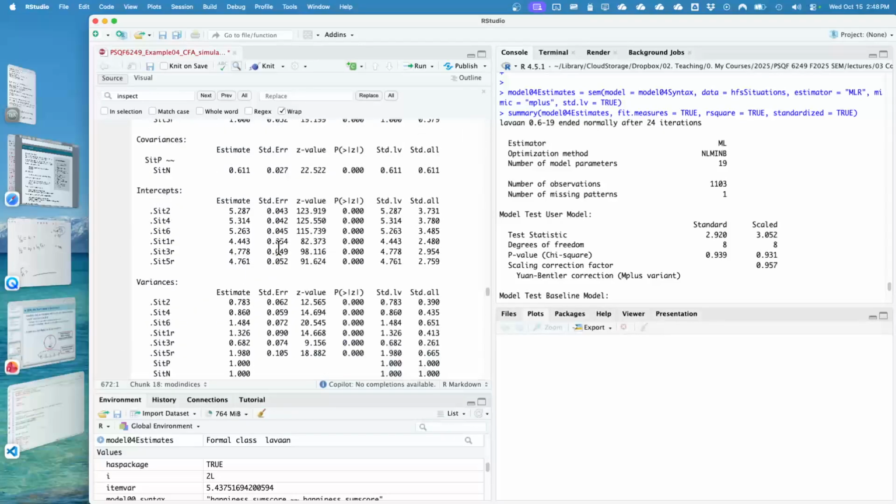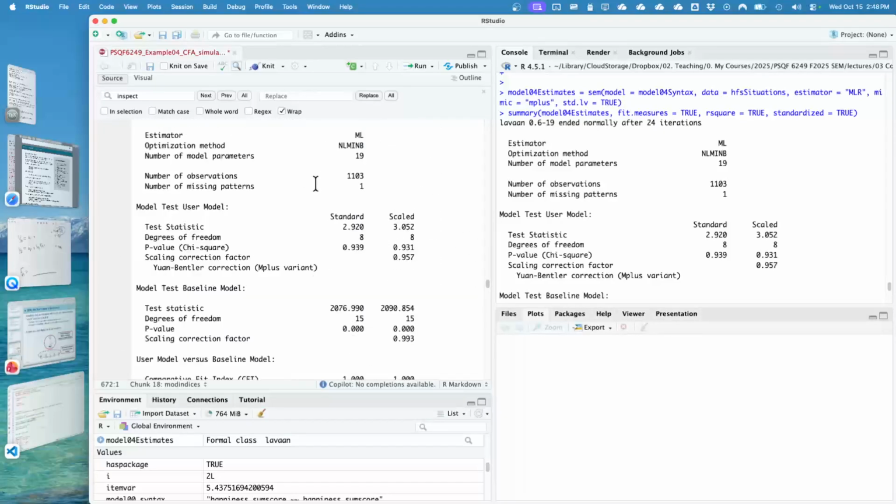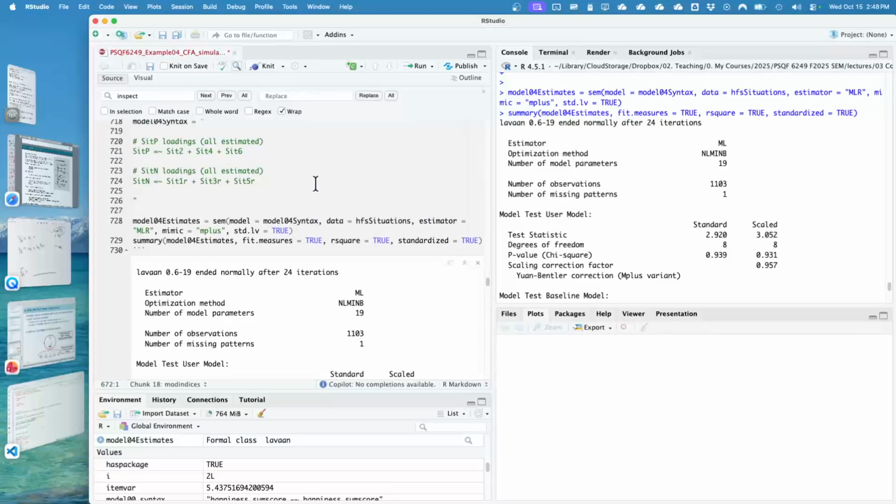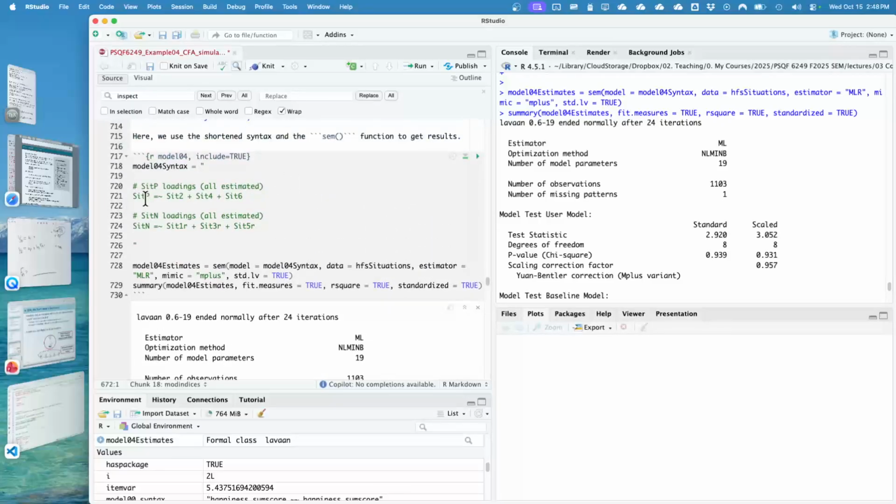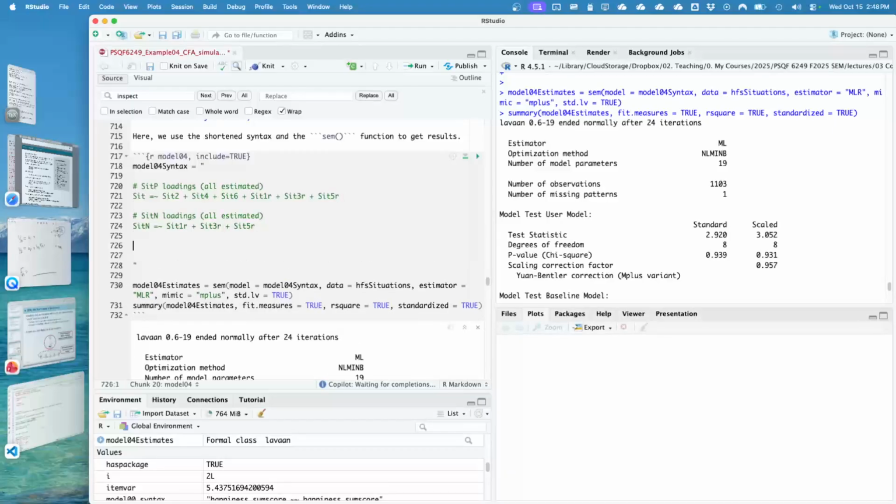Well, I think another approach that may have worked could have been the following. If I just did situational like this, and then I said this. So what did I just do there?